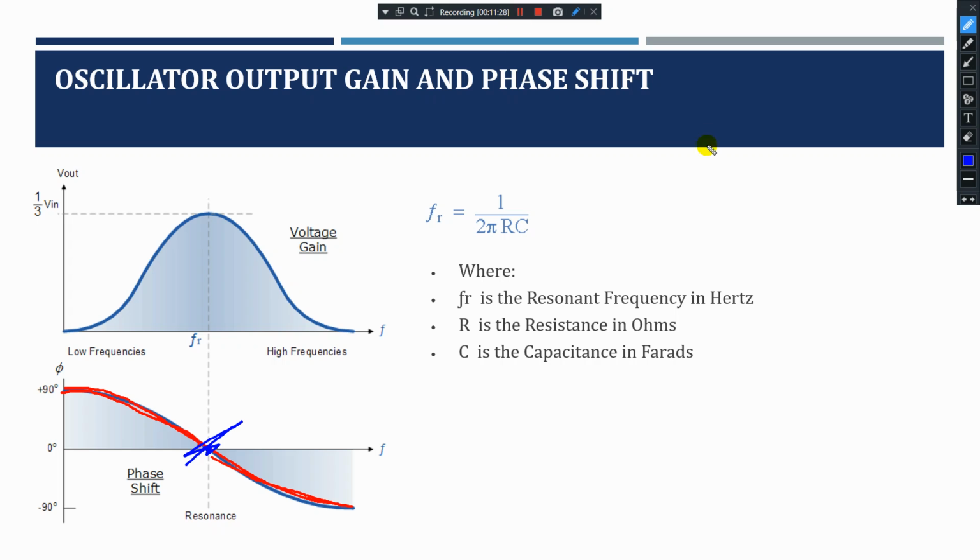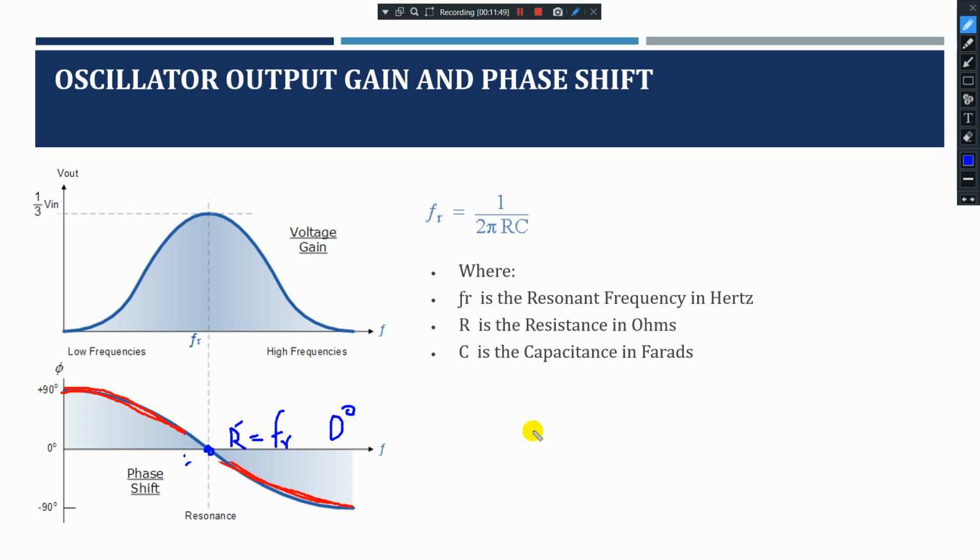This part is called resonance or resonance frequency, FR, where the two signals are in phase, or we call it 0 degree.